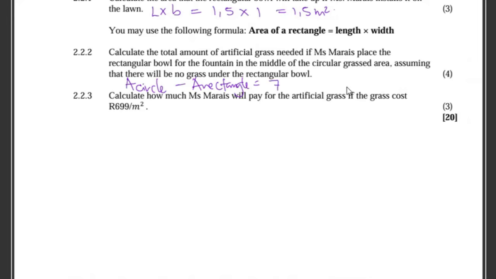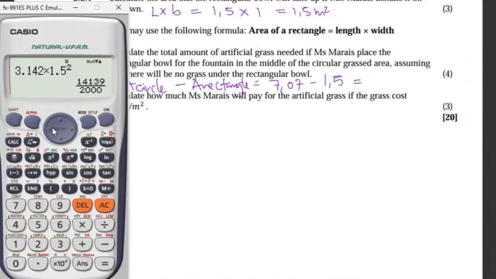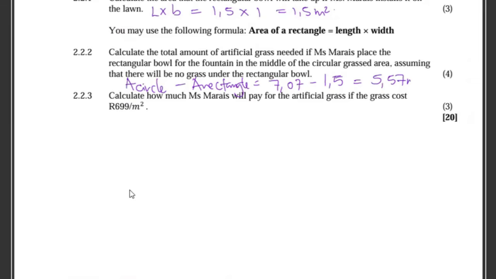Remember, we got the area of the circle 7,07 minus, now we've just got 1,5. Or you can even come here and say minus 1,5. So the answer becomes 5,57 meters what? Squared. So that will be the answer.